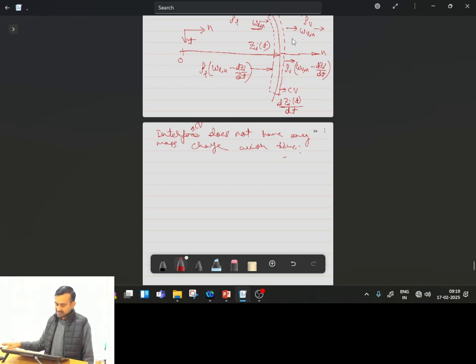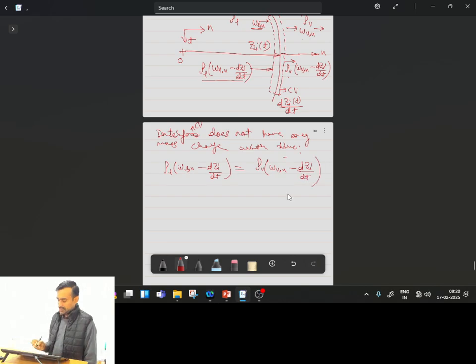If we impose this assumption, then ultimately I can say that whatever mass is entering the interfacial control volume, the same mass will be leaving it. So in this scenario I can write that rho L into WLN minus dZi by dt has to be equal to rho V into WVN minus dZi by dt.